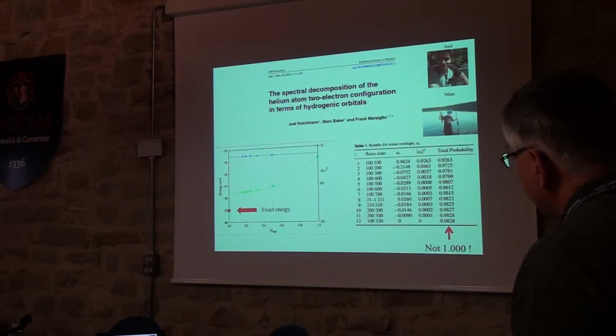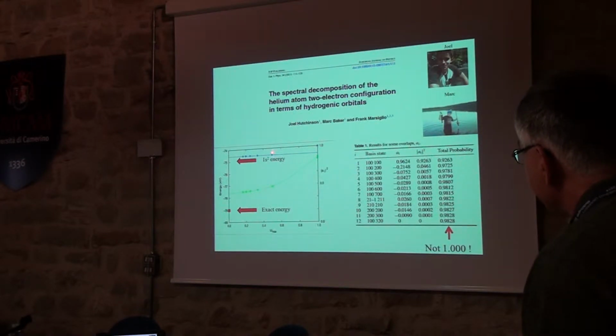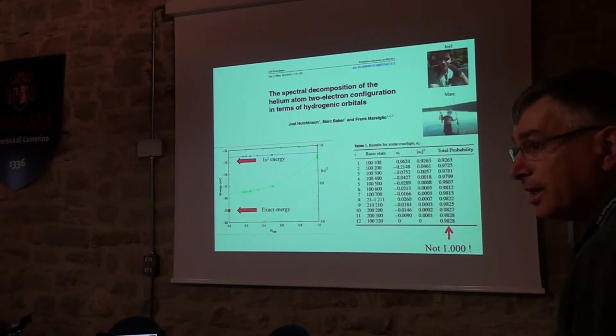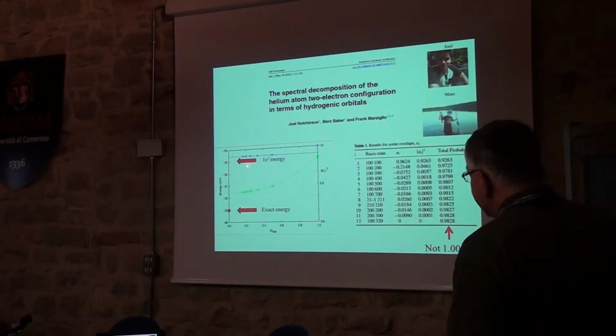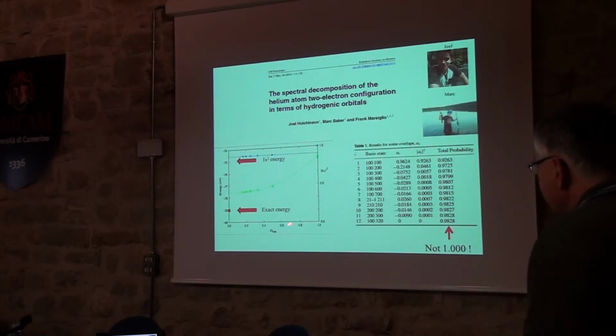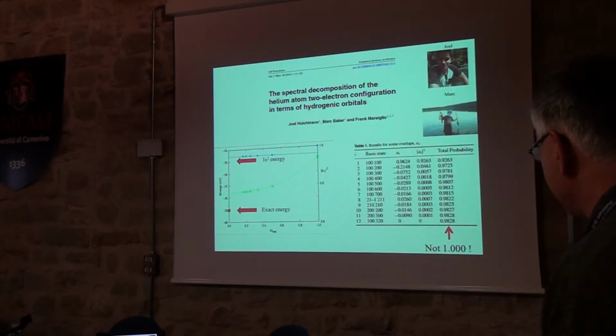The point here is that's the exact energy, and if you simply do the perturbation calculation that we often do in these classes and include the repulsion between the two 1s electrons, you get the energy down to a reasonably good value, because this starts off at minus 109 electron volts if you don't take this into account, and you bring it down to minus 75, which looks pretty good compared to the exact energy of minus 79.